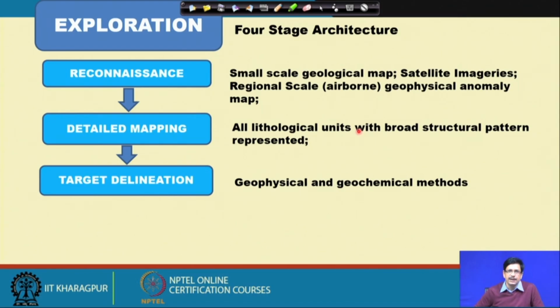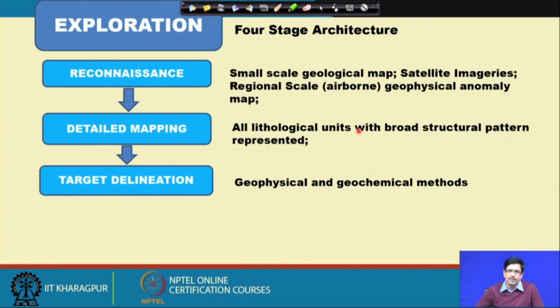The third stage is essentially for target delineation, which means by this time we have already reduced the areas, or chosen the areas on which the exploration work is focused. From reconnaissance to target delineation, we have been able to successfully eliminate areas in which we could conclude that the probability of occurrence of any ore body could be minimum or near 0, which we may be wrong about in many cases, but that is how it goes.